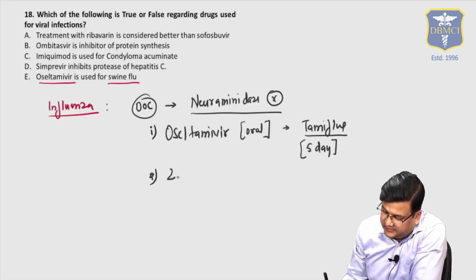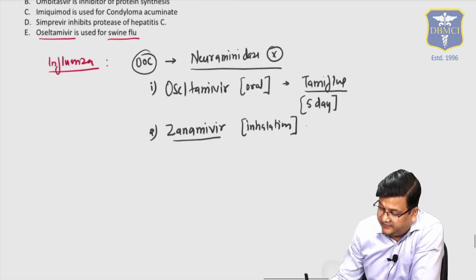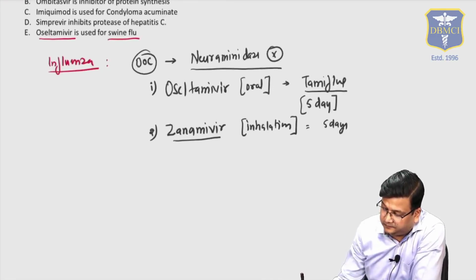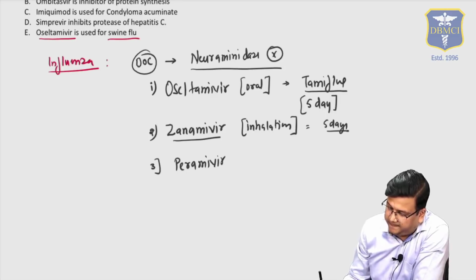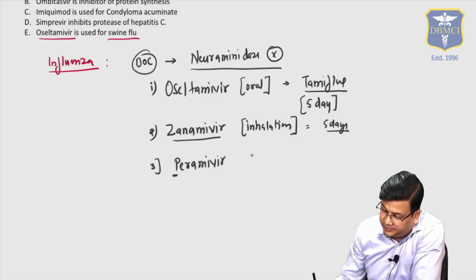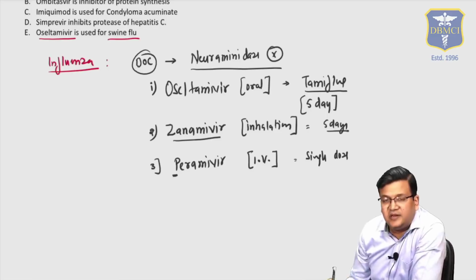Second drug is zanamivir. This drug is given by inhalation. Again it is given for 5 days. Third drug is peramivir, P for parenteral. So this drug is given intravenously, single dose intravenously.